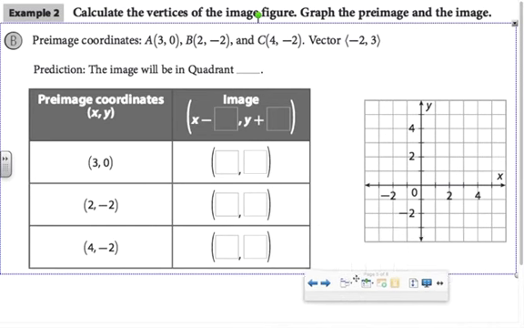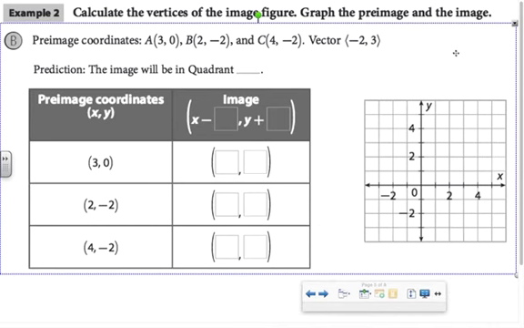And in this example, we're taking that and applying it. So my pre-image coordinates are given to me. I am given a vector in component form. It's -2, 3. So you see in the table that they gave you that we're going to be subtracting something from the x, and we're going to be adding something to the y.